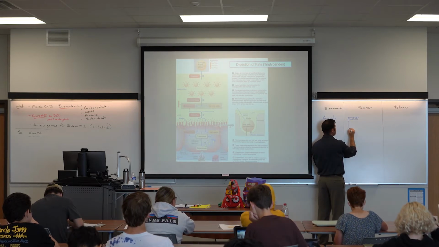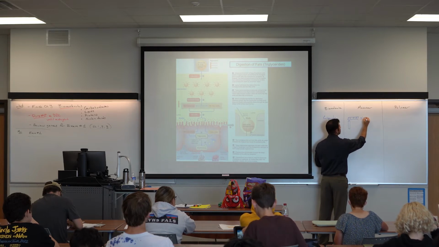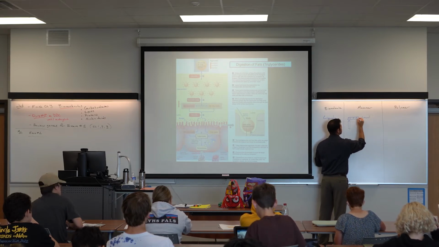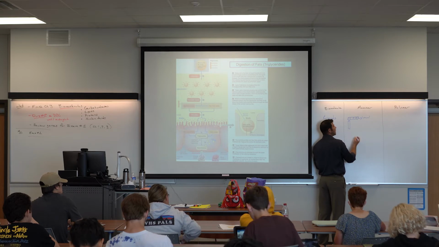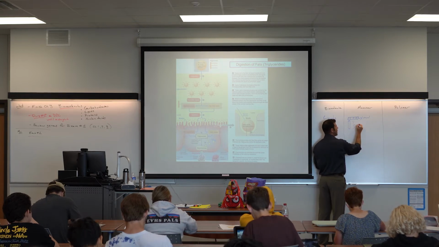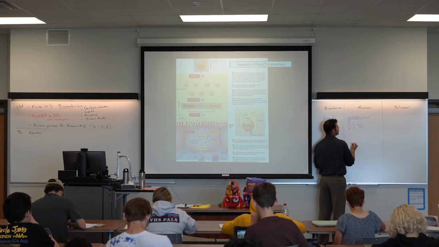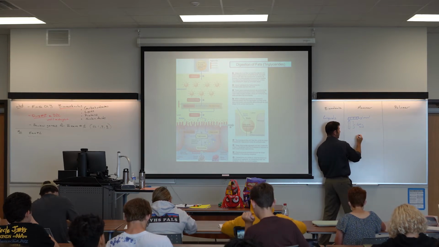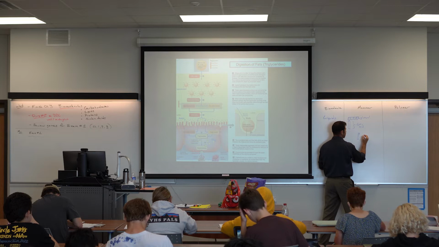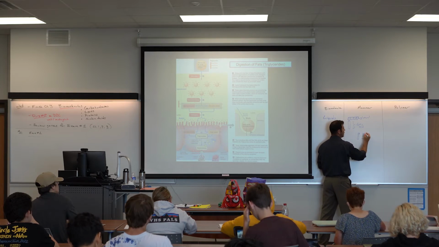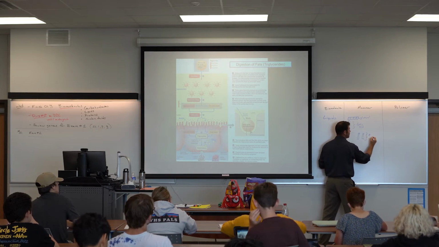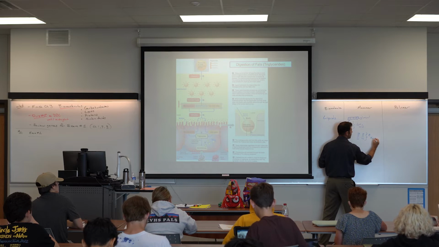So I'm going to draw this glycerol backbone with 3 carbons, and then there's this single fatty acid tail. And then we have individual fatty acid tails. I'll just draw 2 columns and then label those as 2 fatty acid tails.